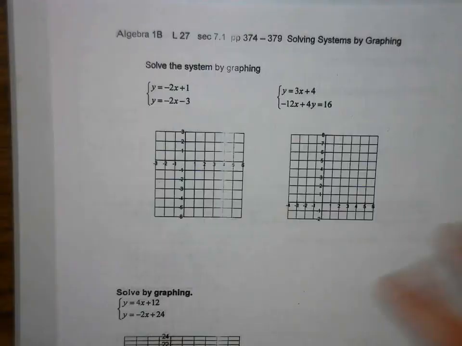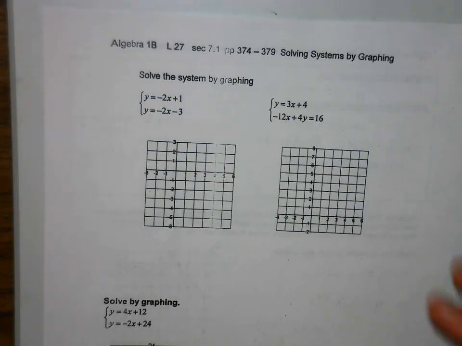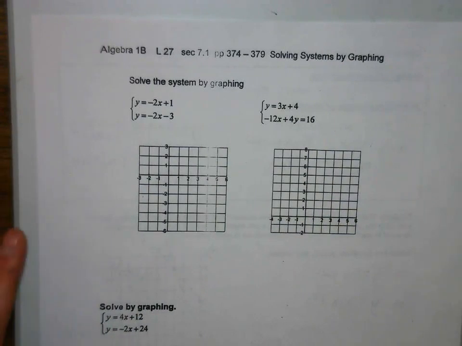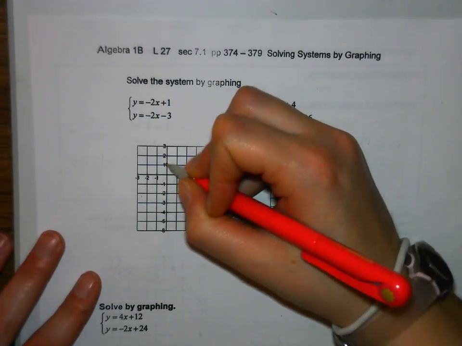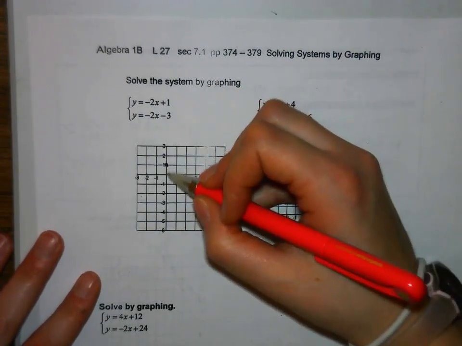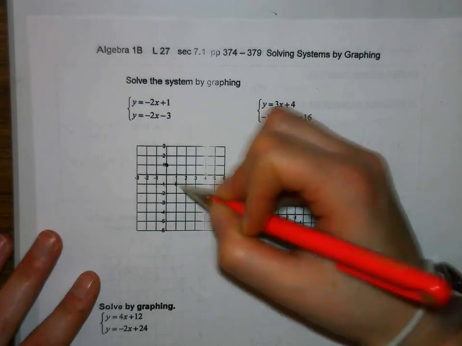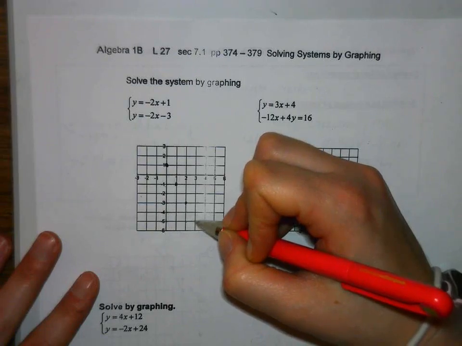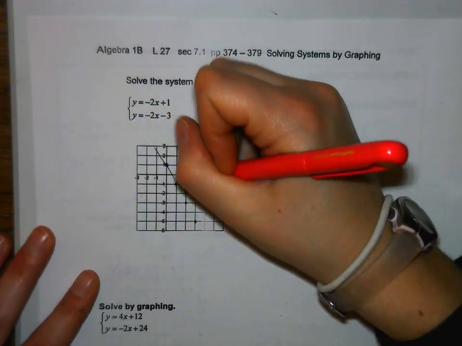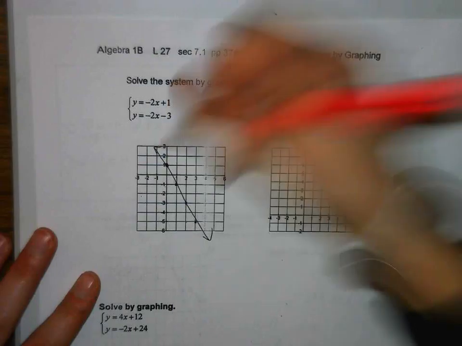So a few more graphs. If we graph these, we have a y-intercept at a positive 1, and our slope is a negative 2, so that means we go down 2 over 1. So we have our line that looks like this.